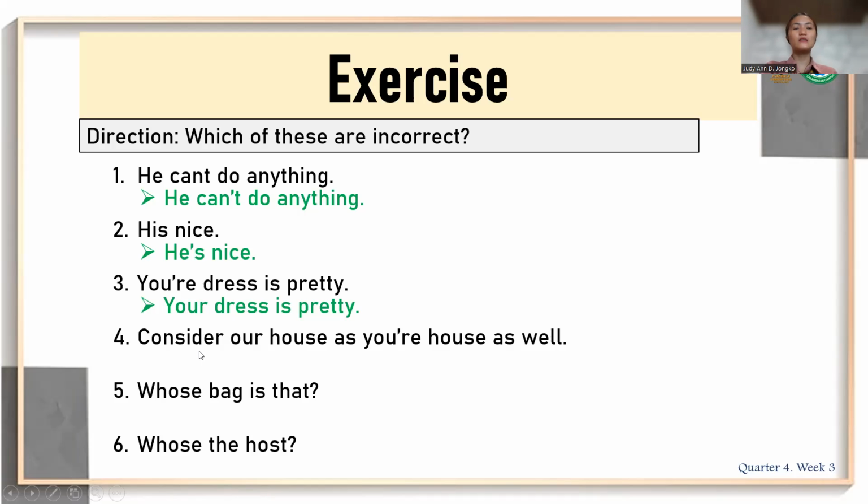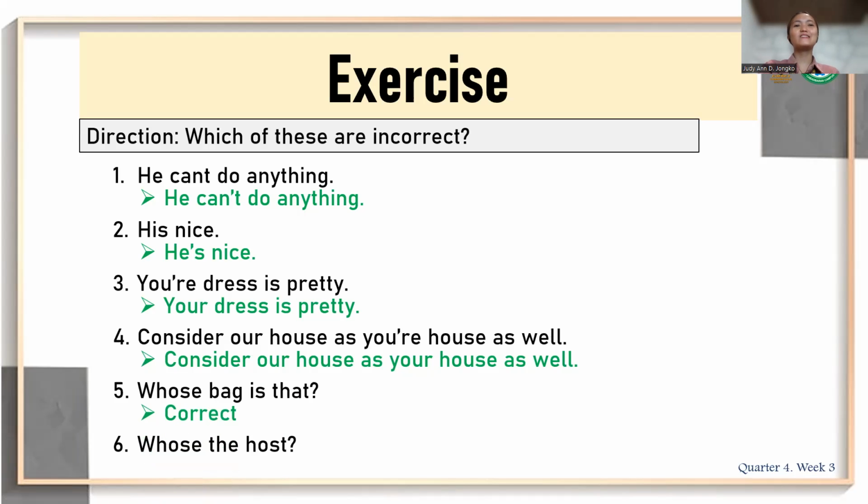Okay, next is consider our house as you're house as well. This is incorrect. As you can see, again, we're adding apostrophe re in this part. So the correct form is consider our house as your house, because we are using the word your as a possessive pronoun. Next is whose bag is that? Is it incorrect or correct?